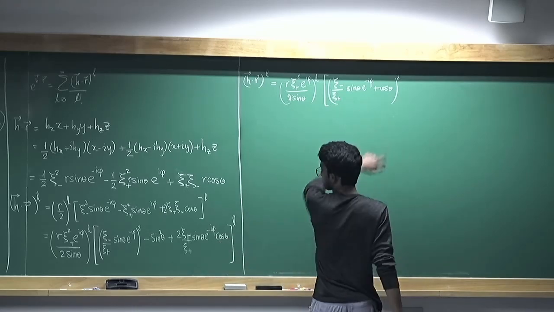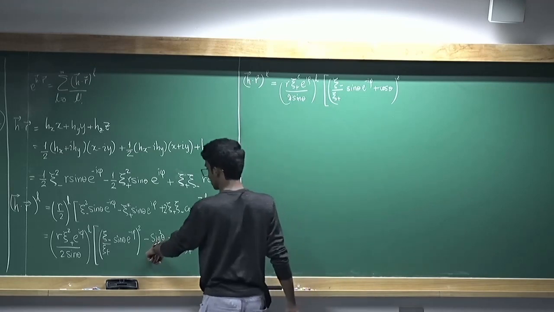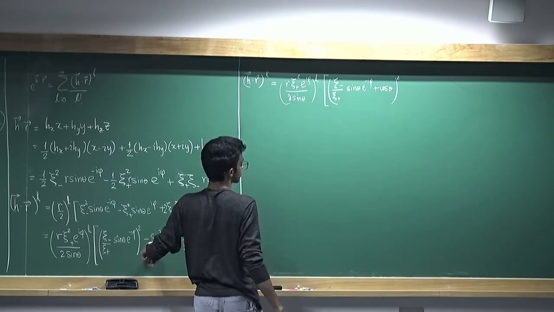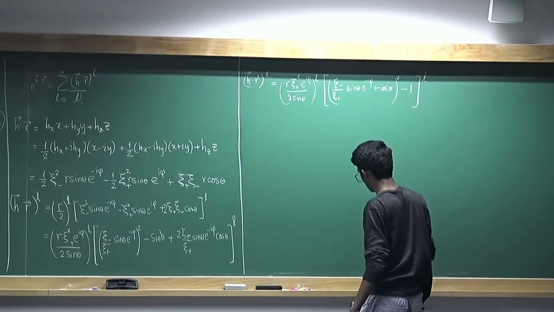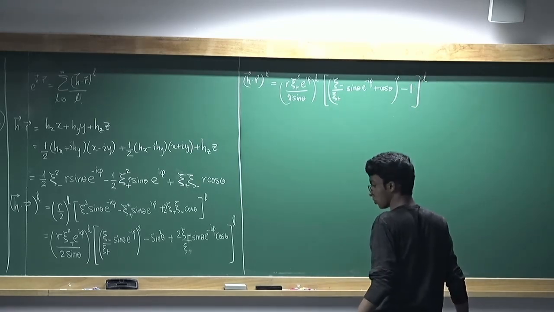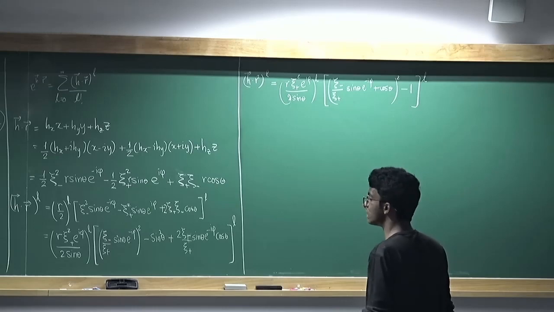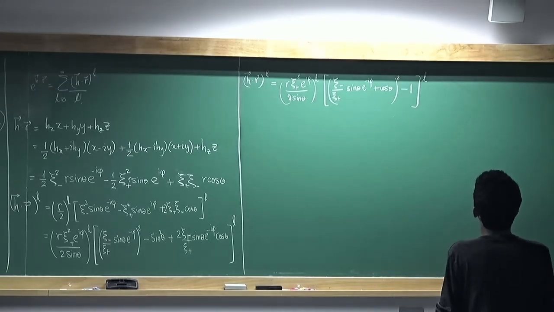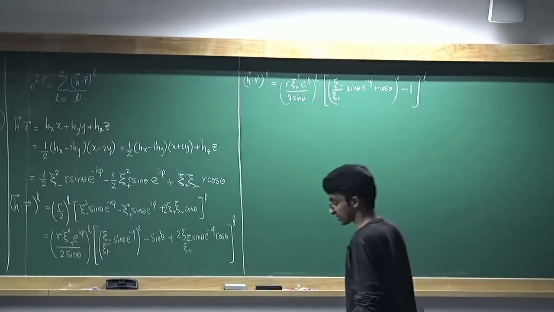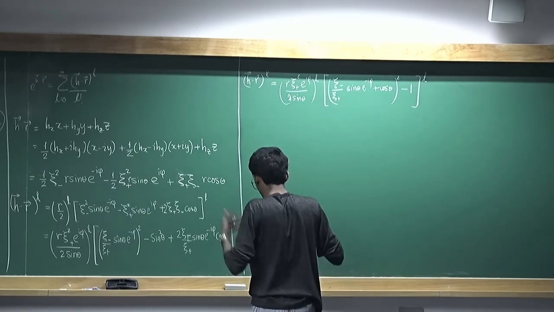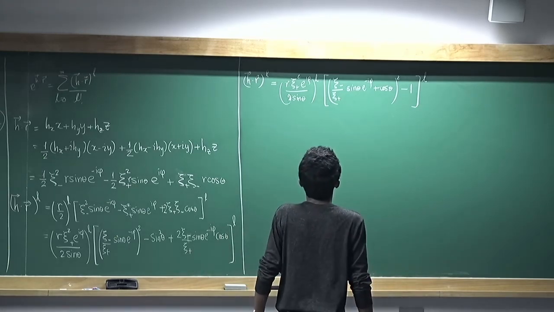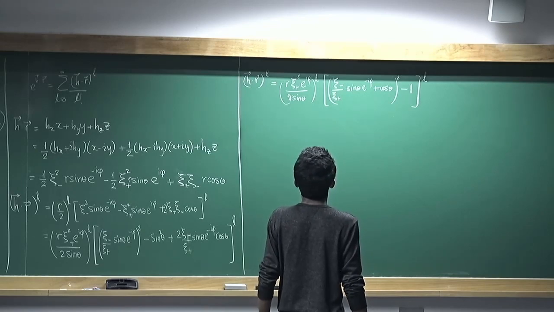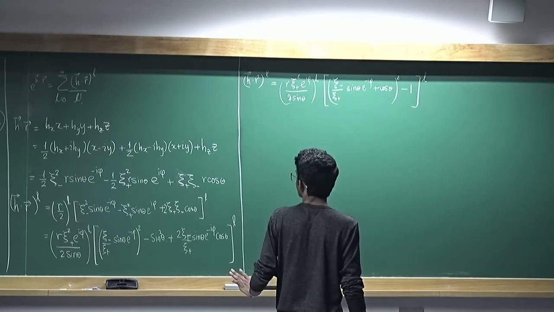Third term will give you cos squared theta, but cos squared theta is 1 minus sine squared theta. But minus sine squared theta is already here, so all I need to do is minus 1 to the L. Now some of you who know spherical harmonics might already start seeing that the x squared minus 1 to the L is emerging, or cos squared minus 1 to the L emerging, right? Okay.